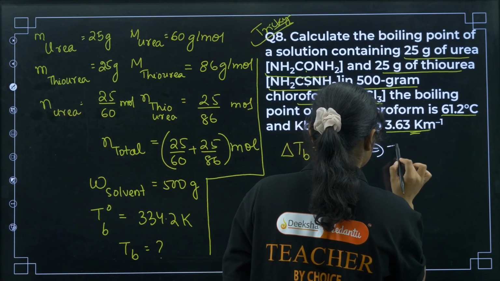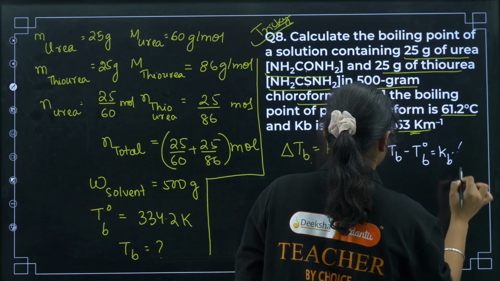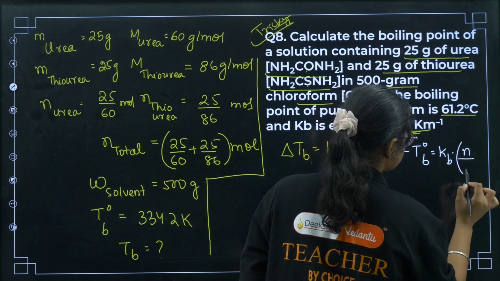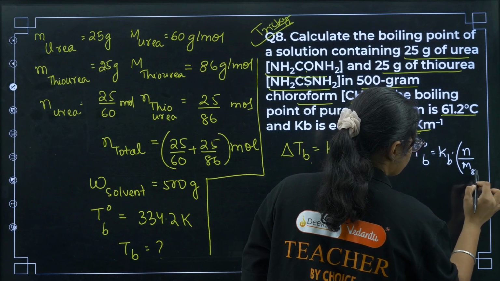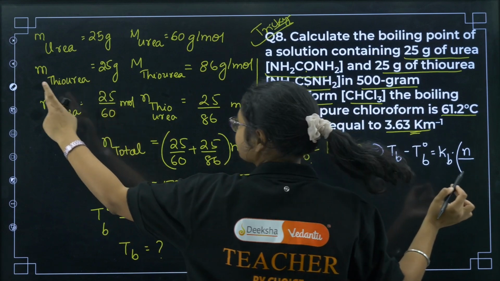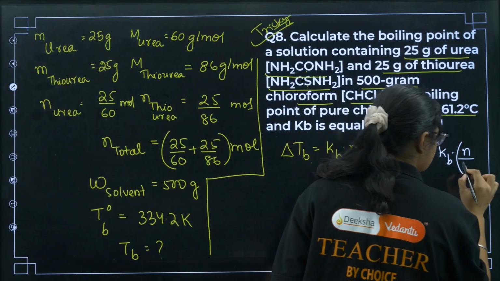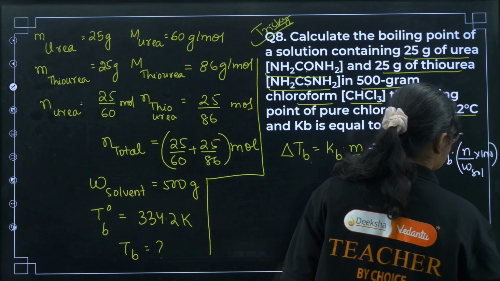So this is TB minus T naught B is equal to KB into M, I can write number of moles, right, by the mass of the solvent, okay. I have used different denotation, we have to use W of the solvent, mass of the solvent into 1000, right, this is the thing.